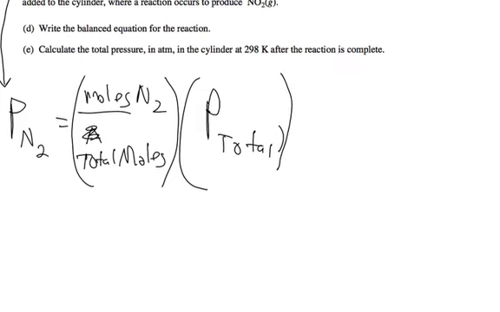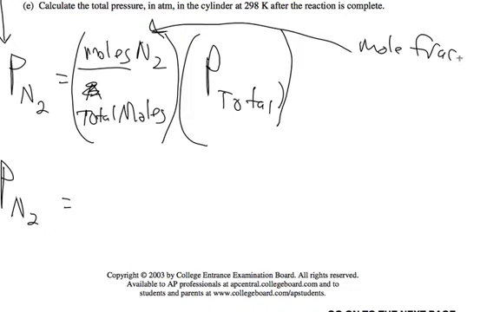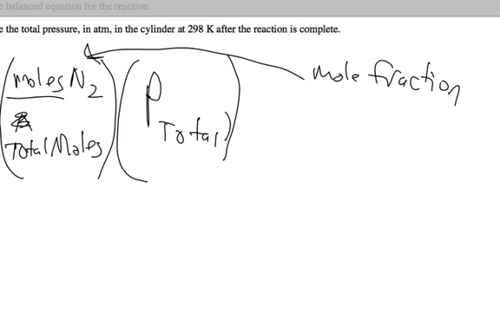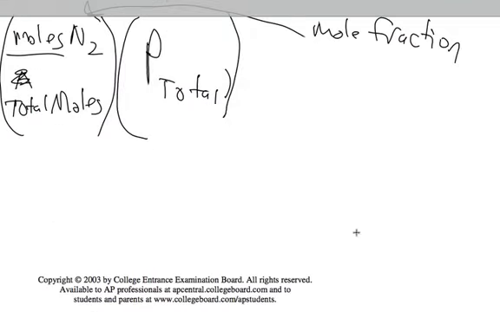Let's plug this in. Pressure of nitrogen equals the mole fraction. Did we calculate that already? I believe we did. There it is, 0.50, multiplied by the total pressure.